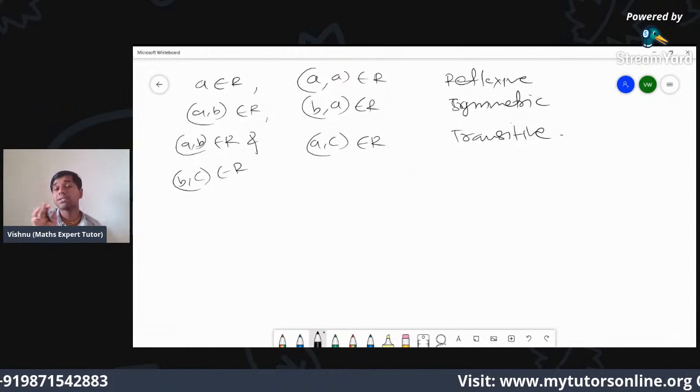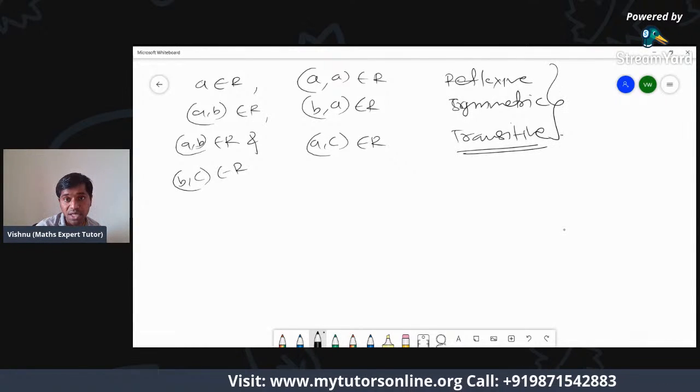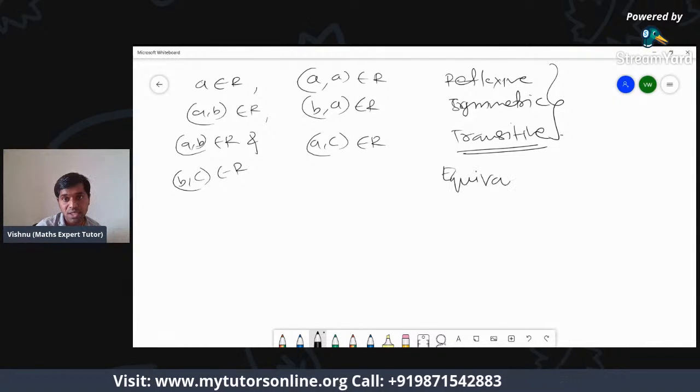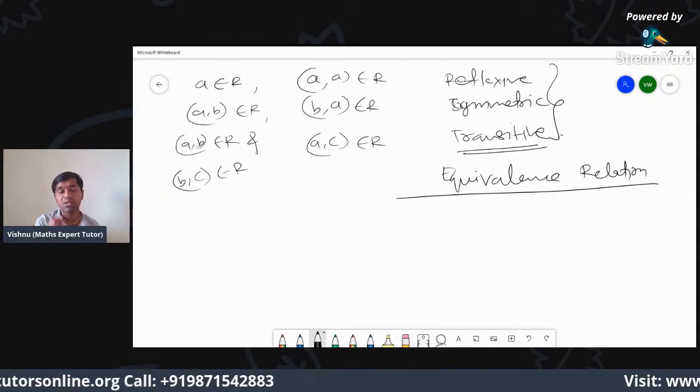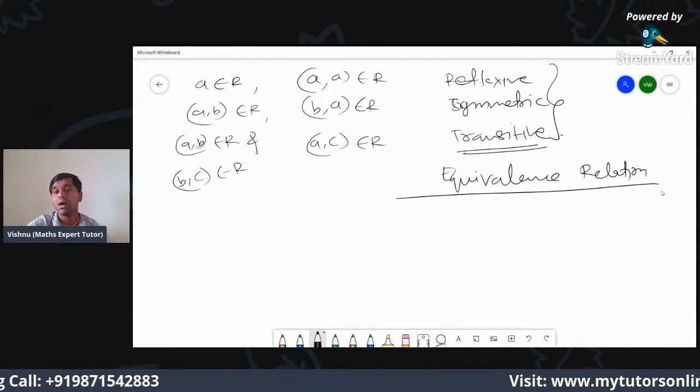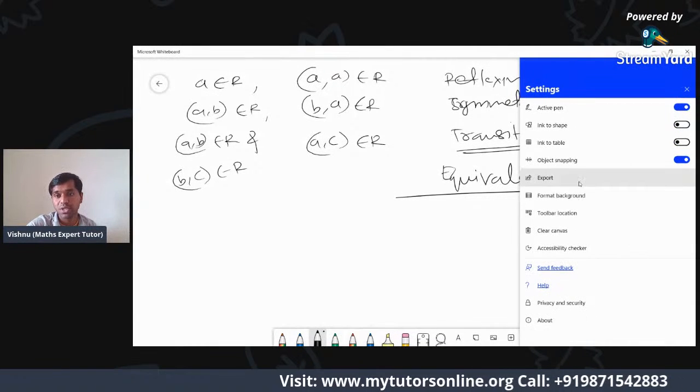And this is the relation. If a particular relation satisfies all these three, then we call it an equivalence relation. I hope this is clear.